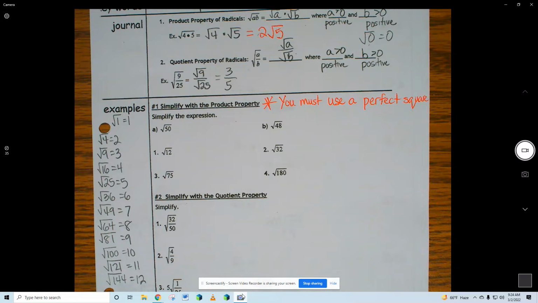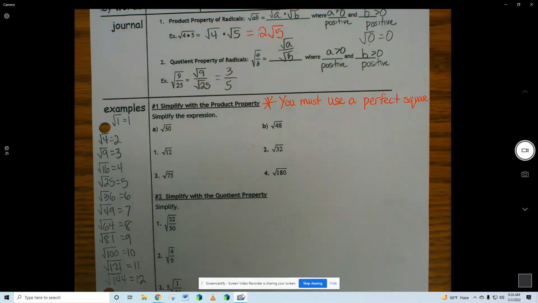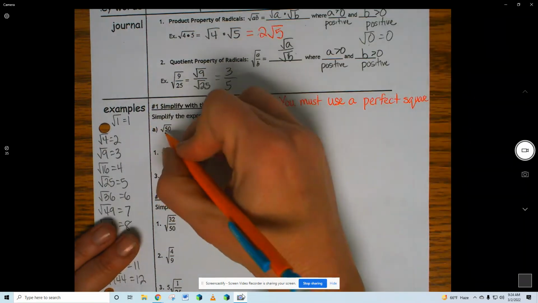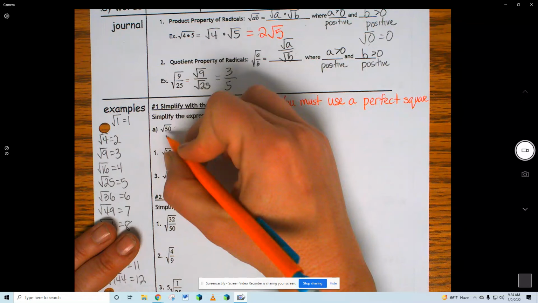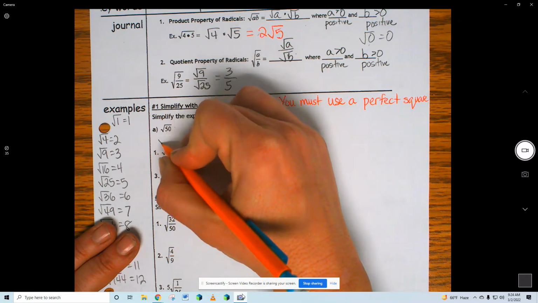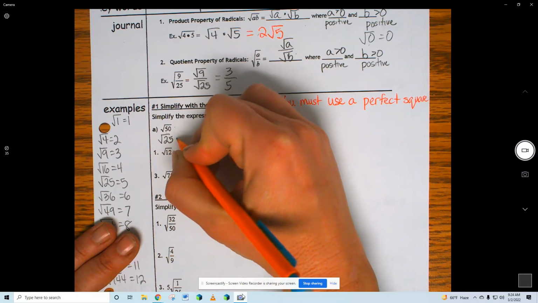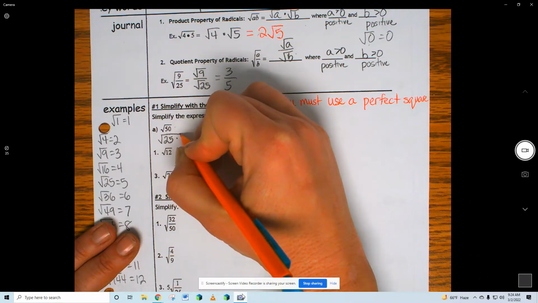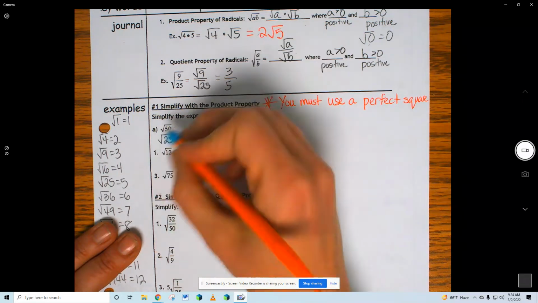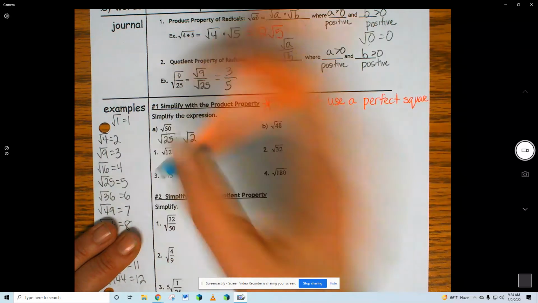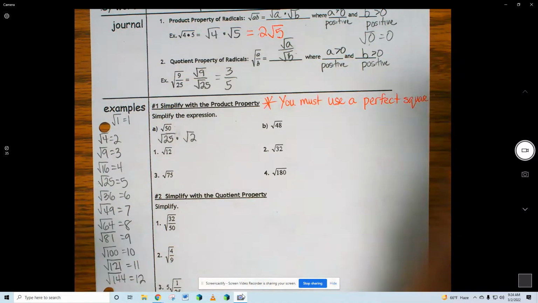25? So I'm going to split 50 up into, put the perfect square first. The square root of 25 times the square root of 2.